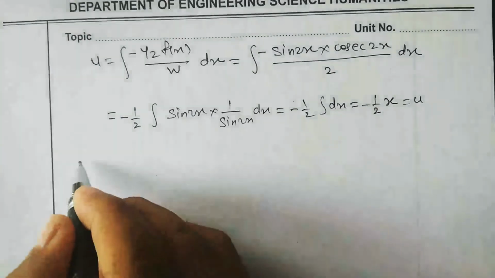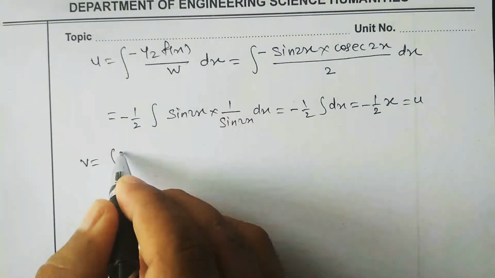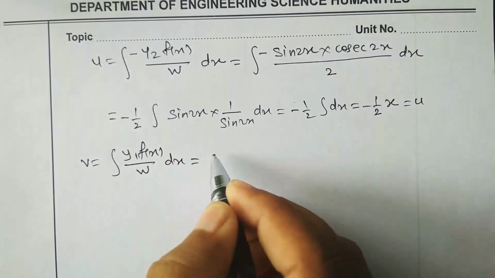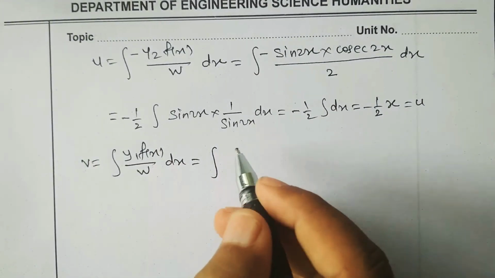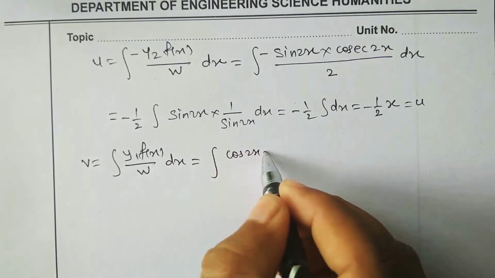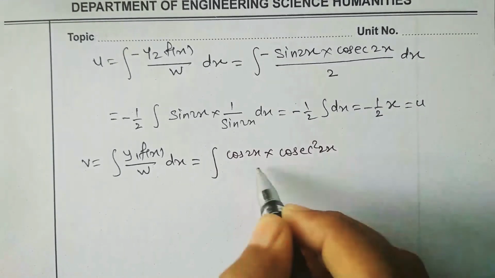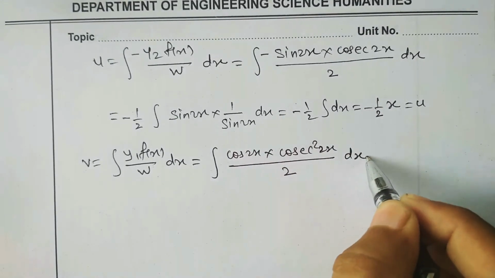Now to calculate v, the formula is integration of y1 f of x upon w dx. This is equal to integration of the value of y1, which is cos 2x, into f of x, cosec 2x, upon w, which is 2, dx.